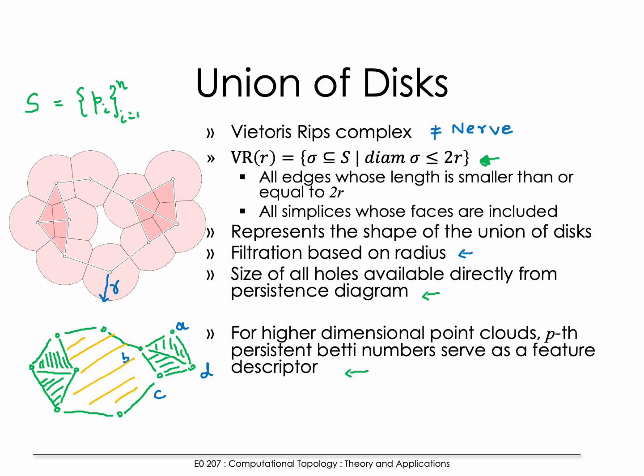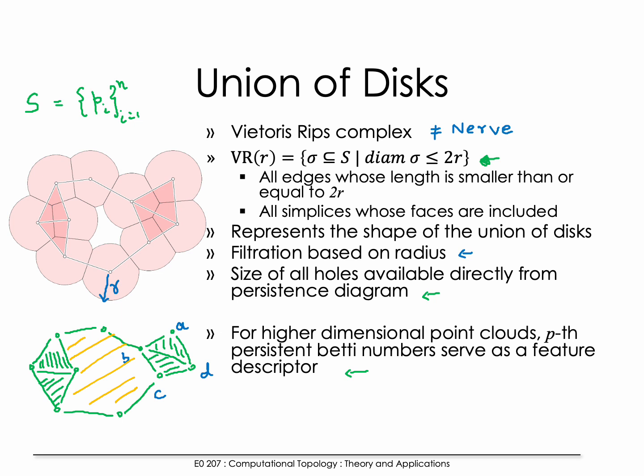So, for example, if you have two point clouds, you could look at the pth persistent Betti numbers for some interesting threshold of r, and use that as a feature descriptor.